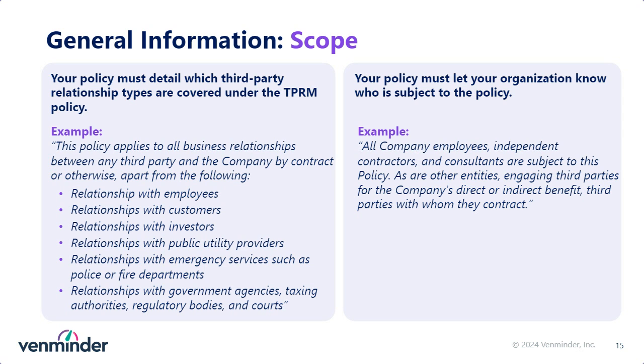Other things to think about are things like public utilities, might be excluded from your program, as would be emergency services or government authorities. Those are generally not included. The decision to exclude certain types of relationships is going to depend on your organization and regulatory requirements. But no matter what, it's important to clearly spell out which relationships are covered and which are not.